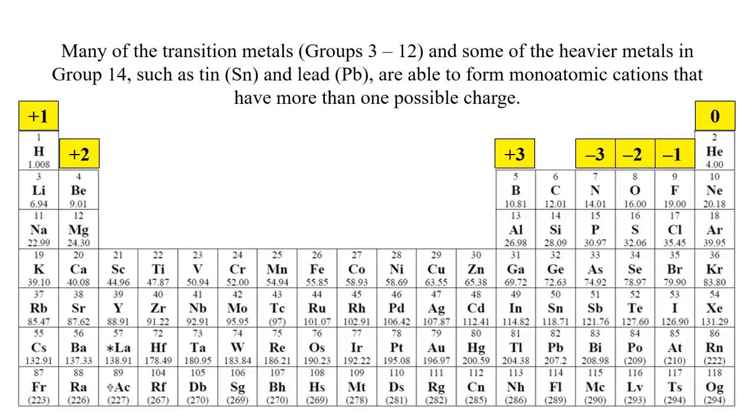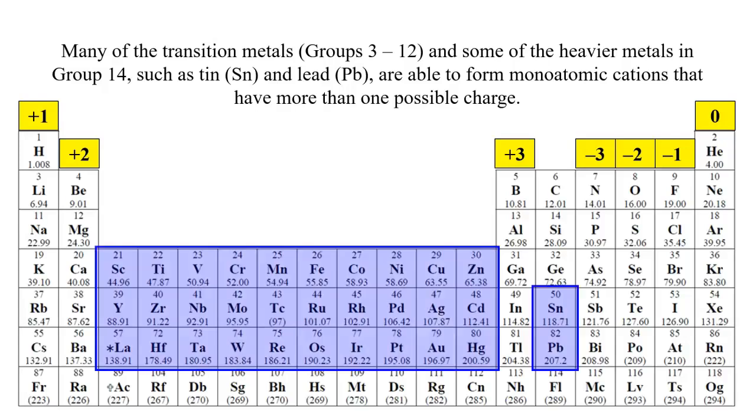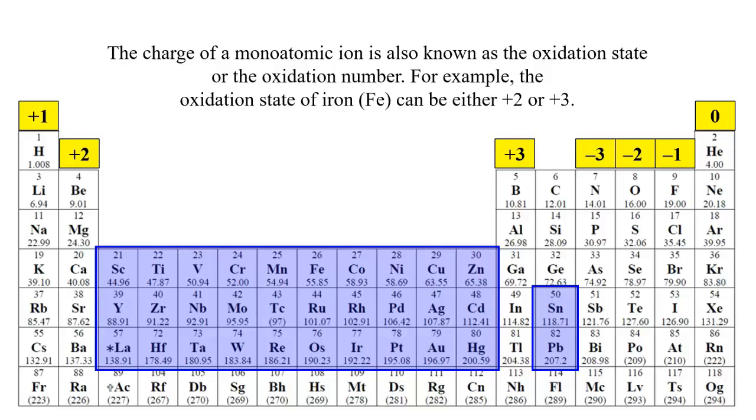So I'm going to highlight the location of these elements on this slide. Now, the charge of a monoatomic ion is also known as the oxidation state or the oxidation number. And so, for example, I'm going to use iron, which is Fe. The charge or the oxidation state of iron can be either +2 or +3.